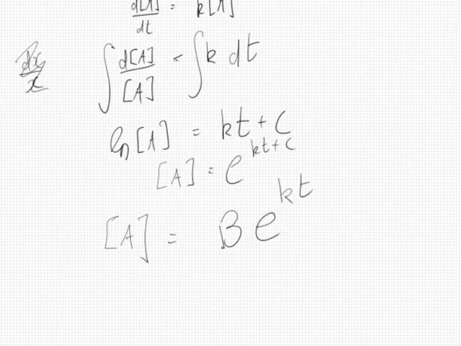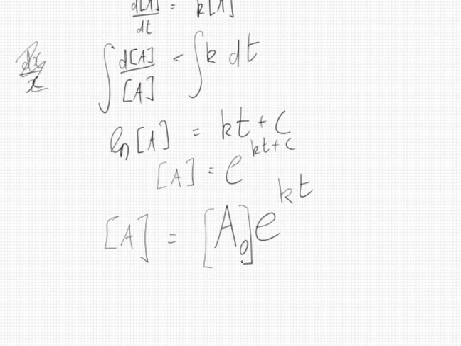But in fact, you know what? I will call it A, but I'm going to call it A0, because it's going to just be whatever the concentration is at the beginning. So often if you look in chemistry books, you'll see the answer written like this. And remember, it's fine to stop here.